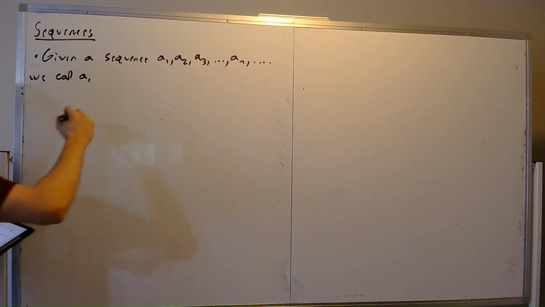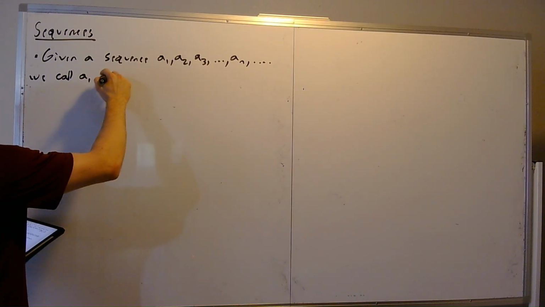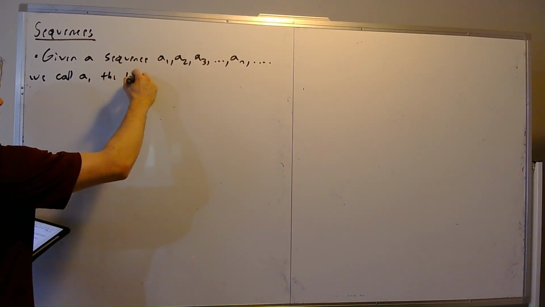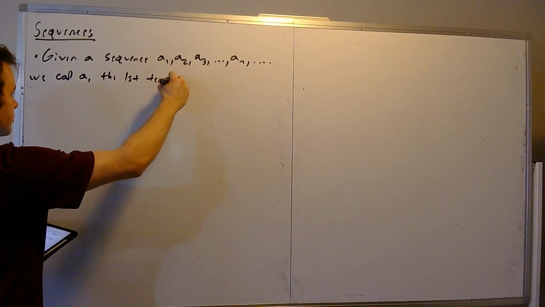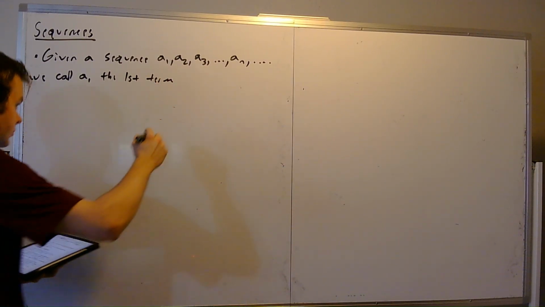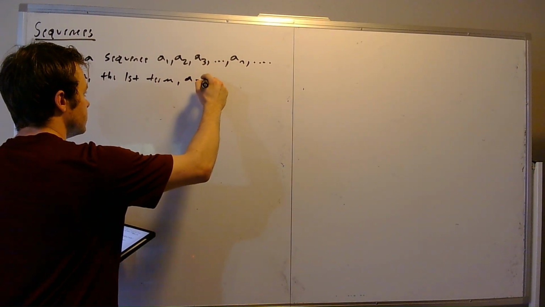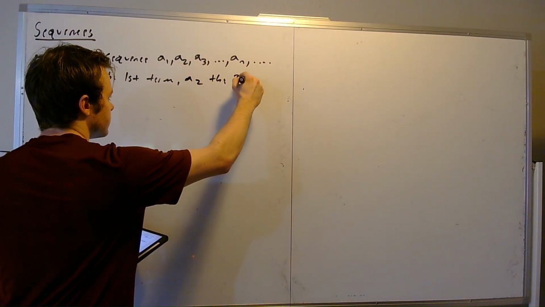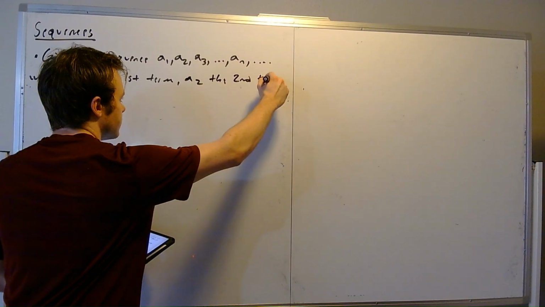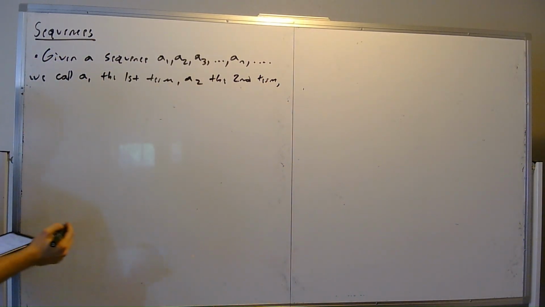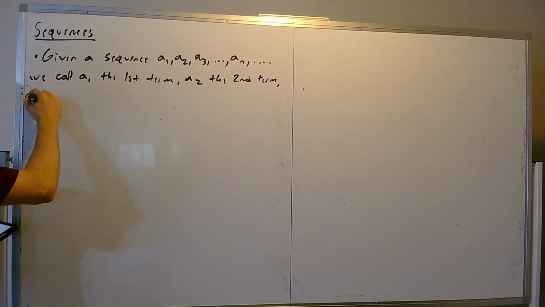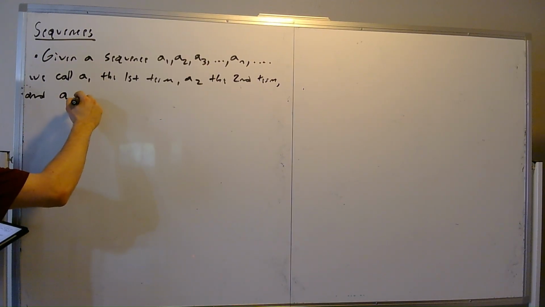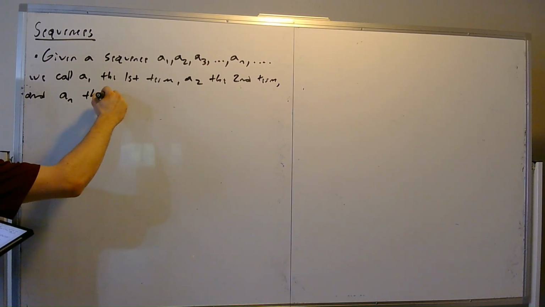And I'll say here, we call A1 the first term. And A2, you can say, well, that's going to be the second term. And let's say you have AN, well, that's the nth term.